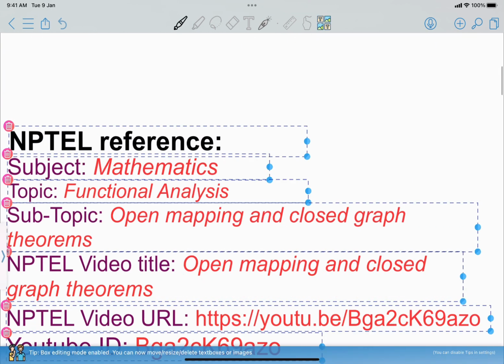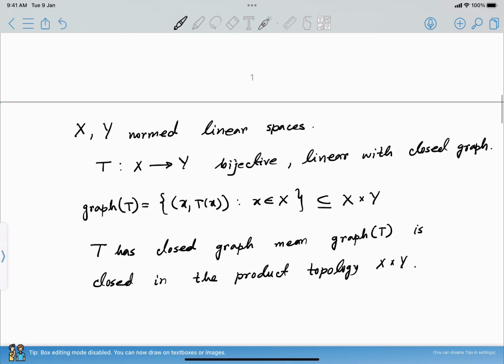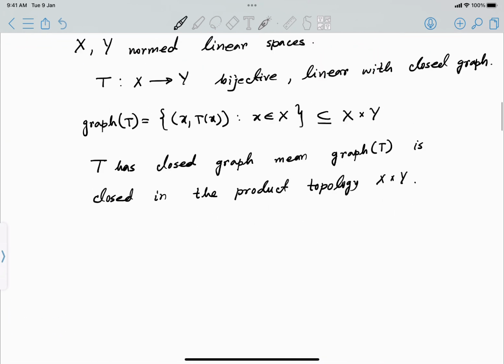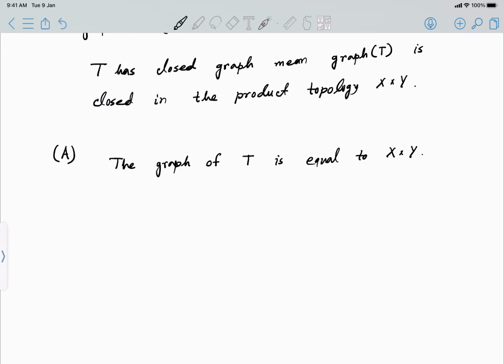So for the first option you have to check whether the graph of T is equal to X cross Y or not. So what is being said: the graph of T is equal to X cross Y. So this is false.